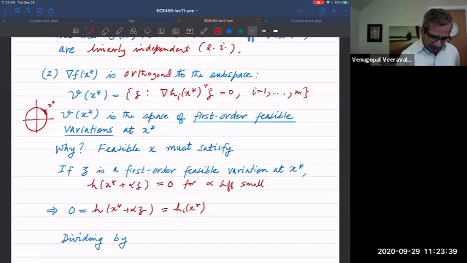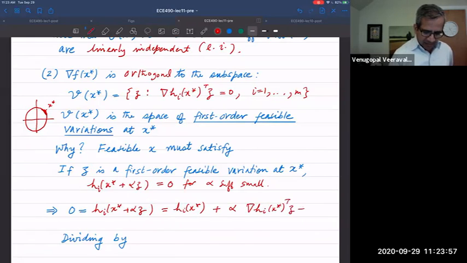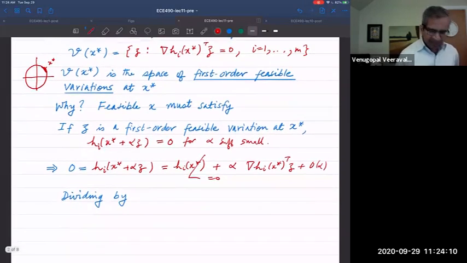Let's look at hi in particular; there could be more than one h. I can use Taylor's expansion to write this as hi of x star plus the gradient of hi at x star transpose z plus little o of alpha. This difference is 0 because I started off at an x star that satisfied the constraint, perturbed it a little bit, and still satisfied the constraint.